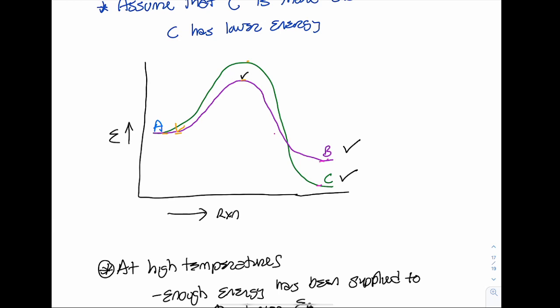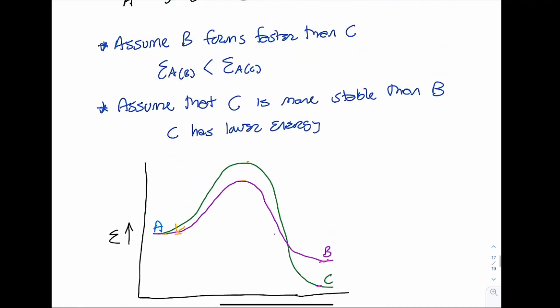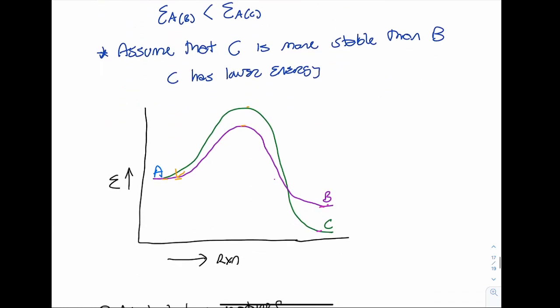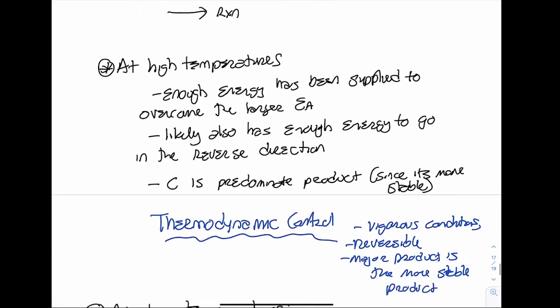So B forms faster than C because it has lower activation energy. And then the one that forms faster doesn't have to be the one that's more stable, right? In this case, it's not. Sometimes it is, and then you don't have to choose because it's perfect in every way. But just to kind of start thinking about these and getting everything straight in your head, it's a good way to compare and contrast energy changes and the rates of our reactions.